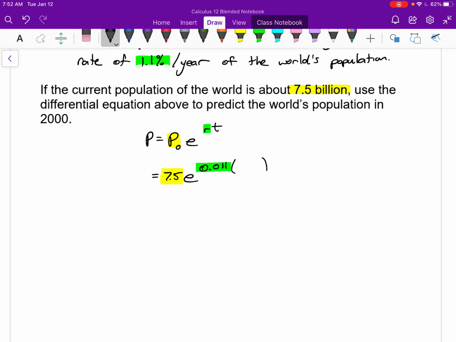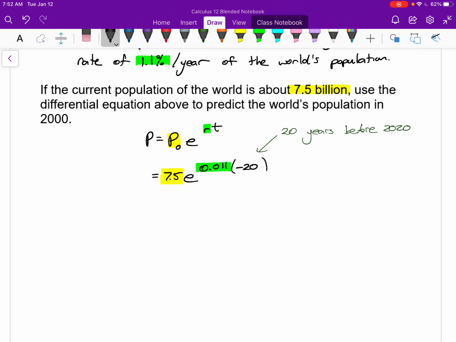Well, if I'm calling 7.5 the world's population right now, and let's say it's the year 2020, then the year 2000 would be negative 20. Now, to be honest, I'm actually writing this at the very beginning of 2021, but I like the number negative 20 because it's kind of a nice clean number.